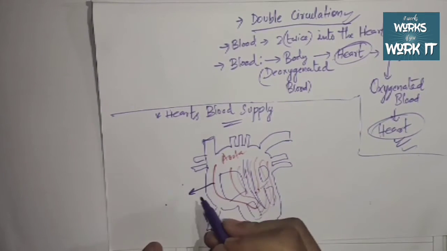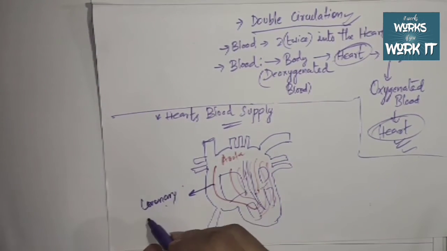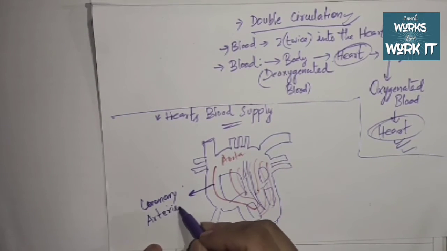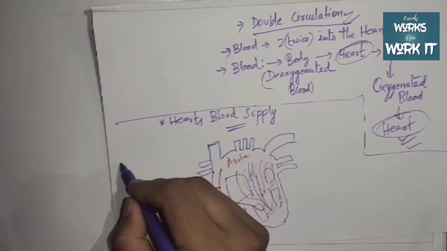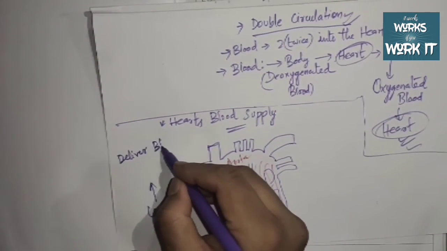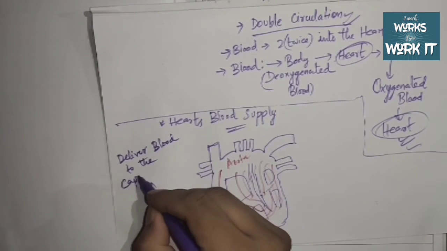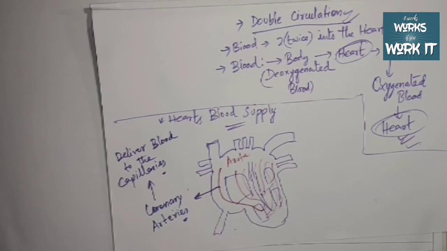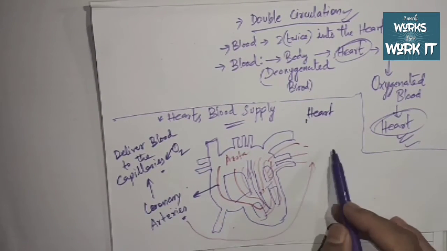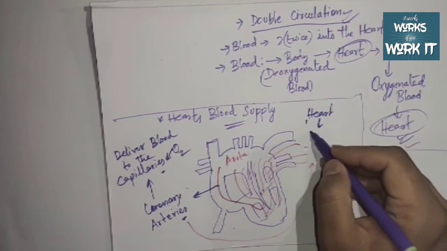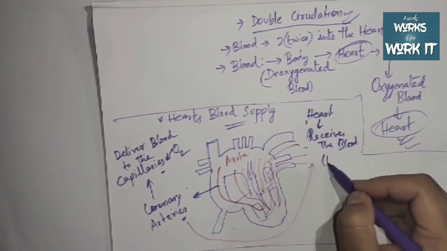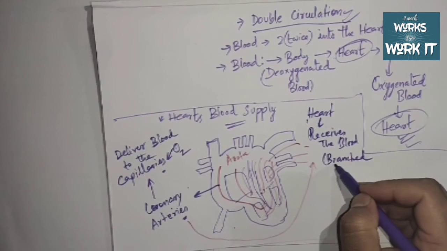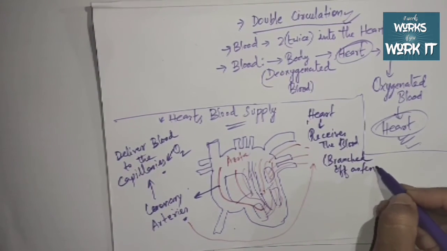These branch shaped arteries are called the coronary arteries that I have drawn with the red color. They deliver the blood to the capillaries, not the heart, where they release the oxygen. So in the beginning, blood is received by the heart through the coronary arteries, the branch shaped arteries.